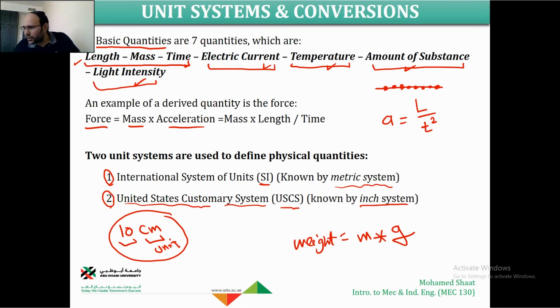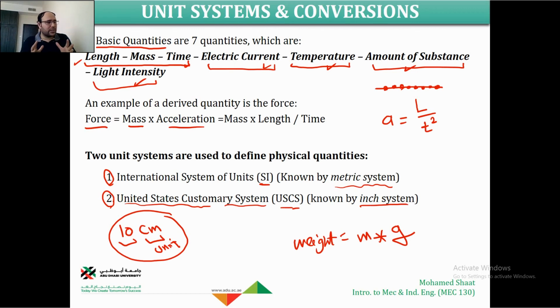Kilometer per hour is a metric unit, the international system. The same sign in the United States is written as 70 miles per hour. So mile per hour is a different unit system, the inch system or American system.